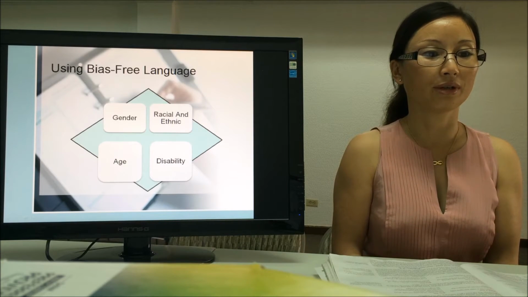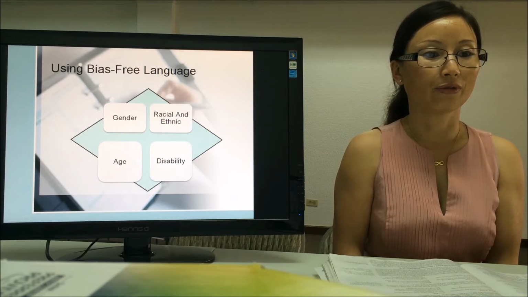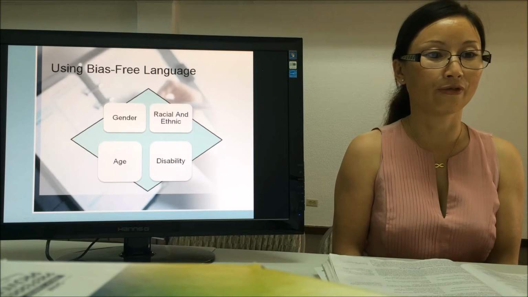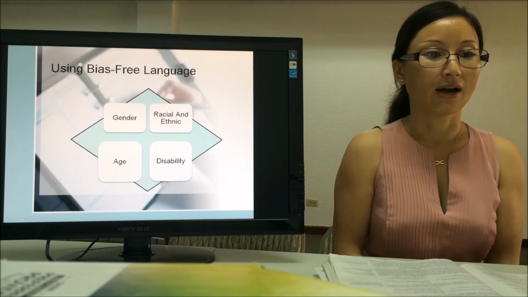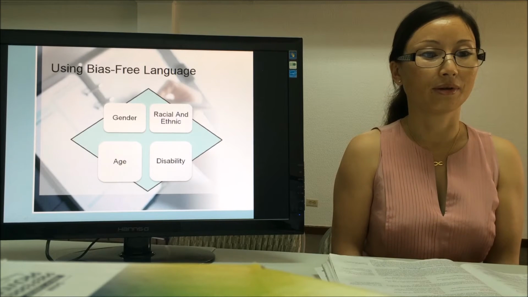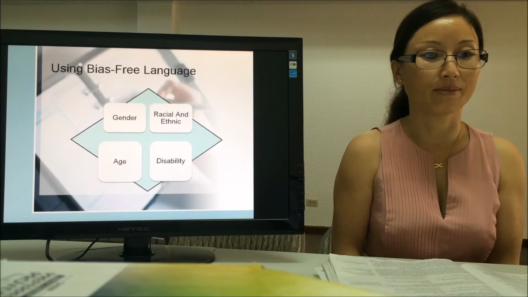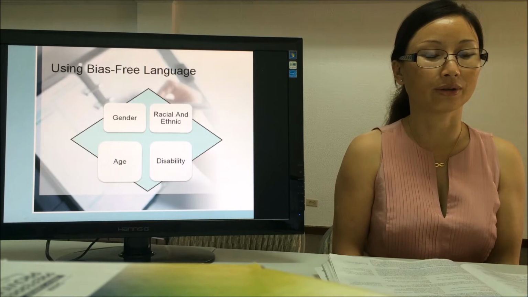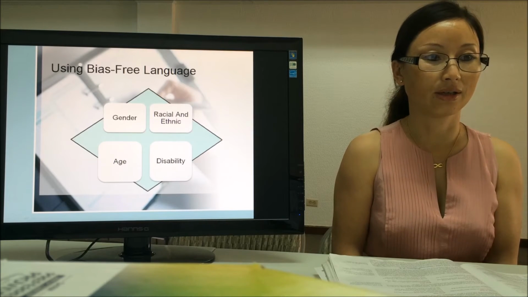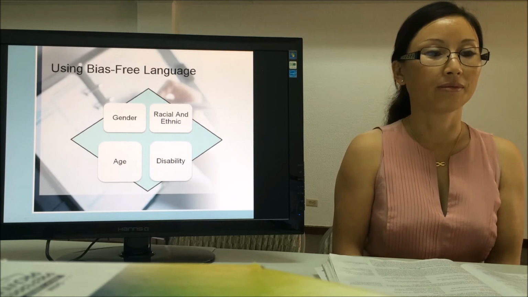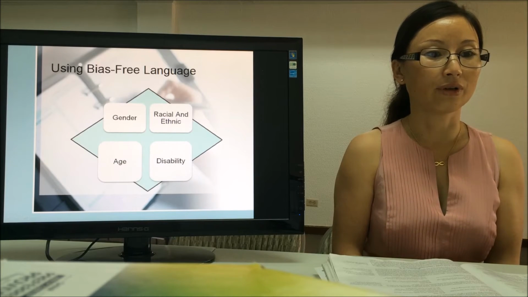Bias-free language: avoid words and phrases that unfairly and unethically stereotype. Biased language can perpetuate stereotypes and prejudice. Gender bias.